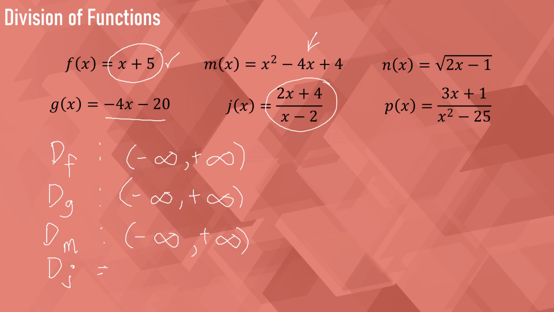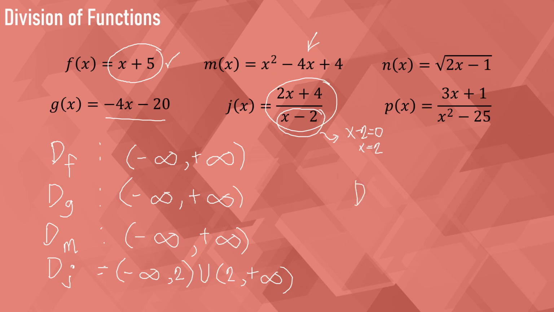This one is a rational function, and you see x plus 2 will become 0 when x is equal to 2. So therefore, we exclude the value of 2 from the set of all real numbers. So that is the set of all real numbers less than 2 union the set of all real numbers greater than 2. So we only removed 2.